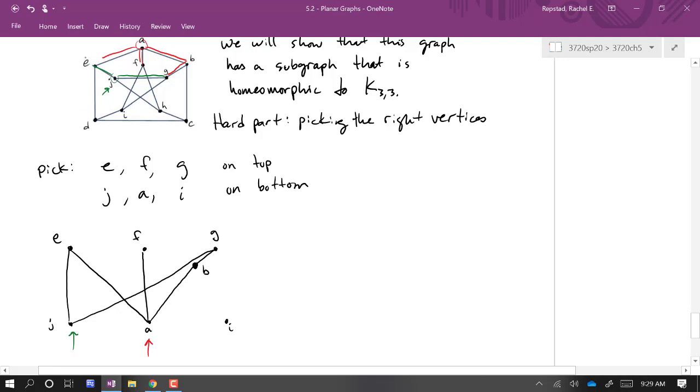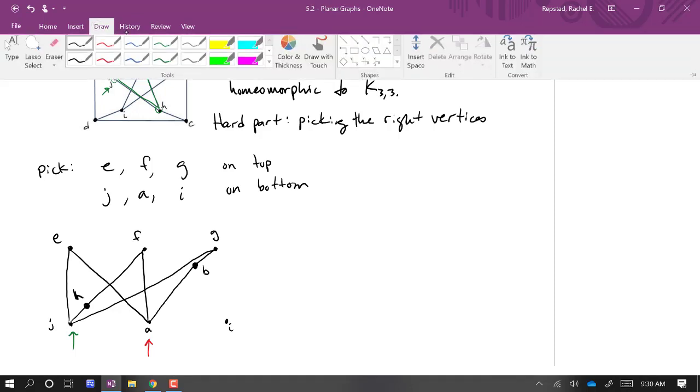And to get from J to F, now I can't get directly from J to F, but I can get there if I go through the vertex H. So I'm going to draw this edge. Say here's vertex H. So a pair of edges, right? From J to H and from H to F.